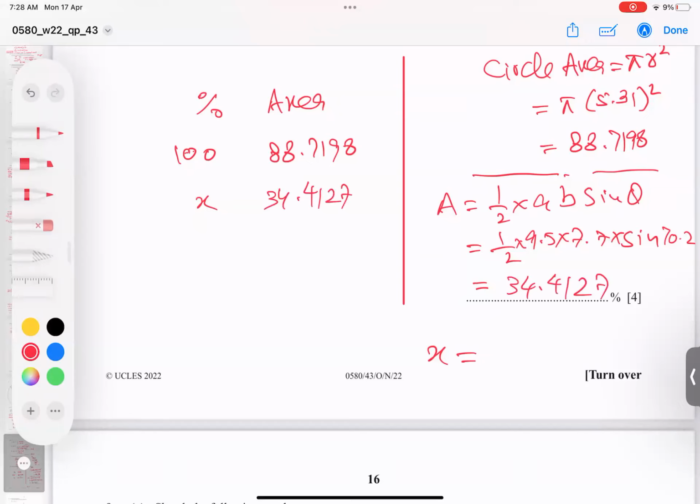Now I do this directly into 100 divided by 88.7198, and my answer is coming 38.8 percent. I hope the point is very, very clear. Let's go for the next question.